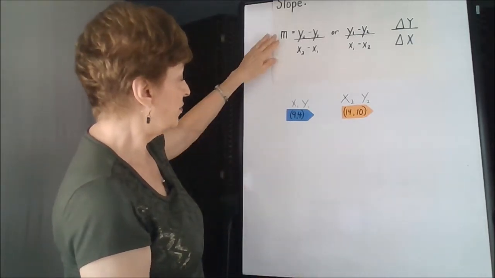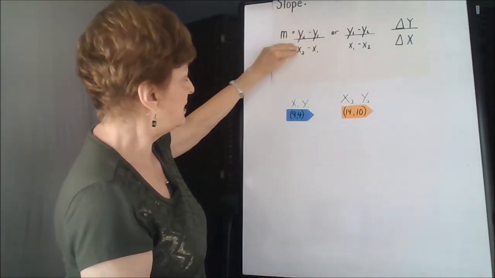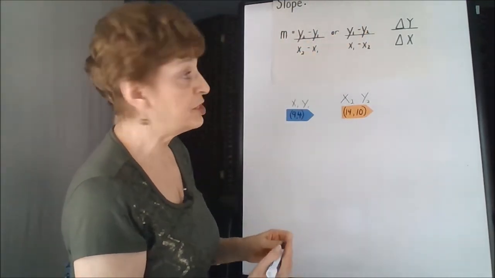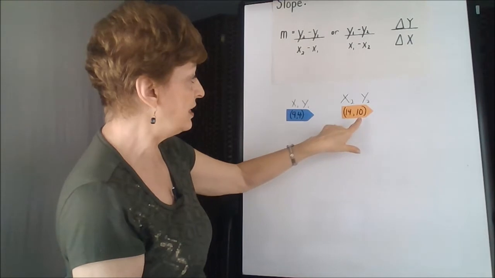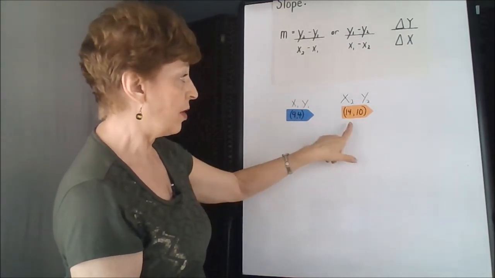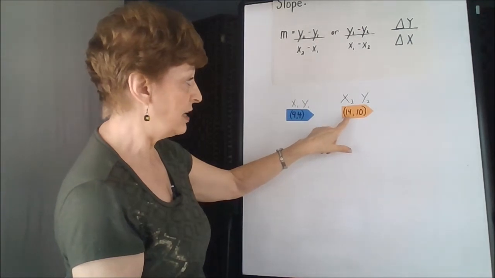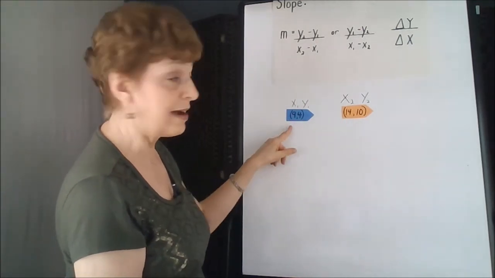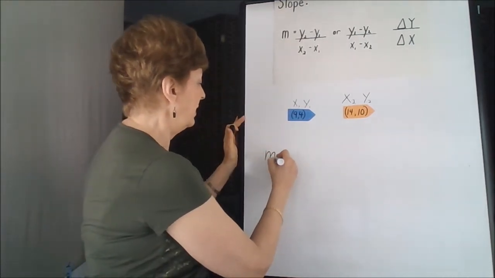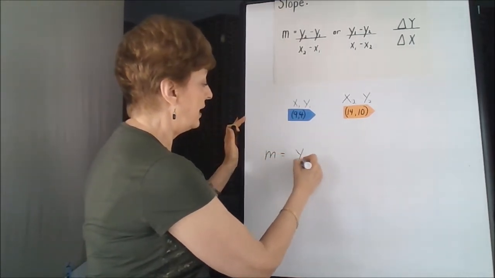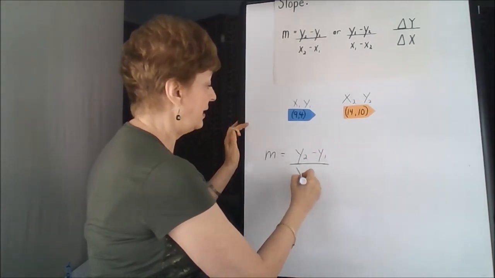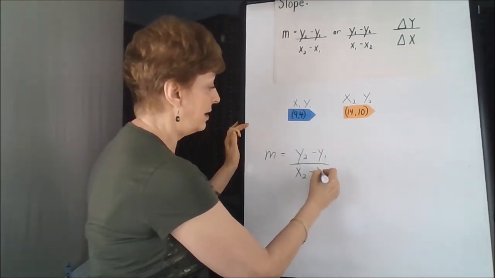Now we're going to use our formula. You can use this piece of it or this piece. What we're doing is we're figuring out the change in the y, which is the 10 and the 4, and divide that by the change in the 14 and the 9. So this is how it looks. M is equal to y2 minus y1 divided by x2 minus x1.